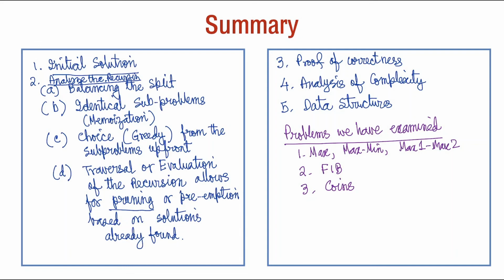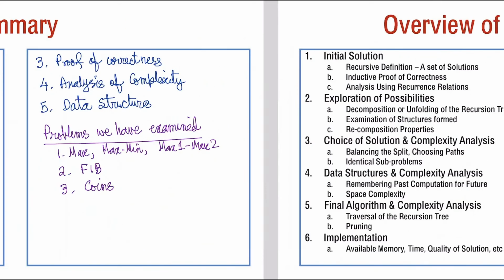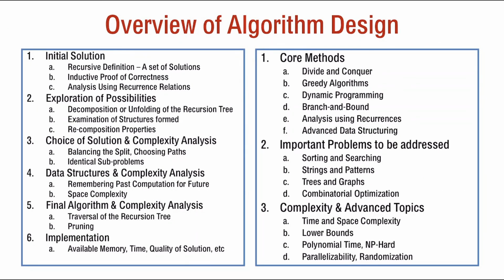With this, we see some very simple problems, and based on these problems, we have now got an idea of how to develop these algorithms. So this will yield some of the core methods: the divide and conquer, the greedy algorithms, dynamic programming, and branch and bound.